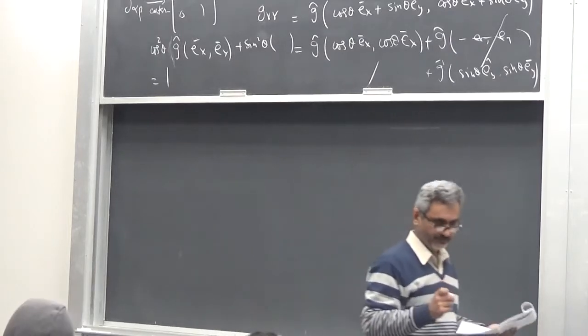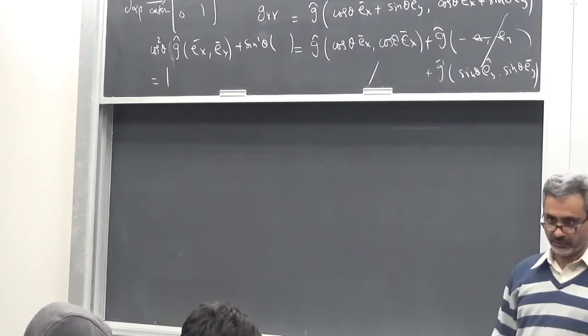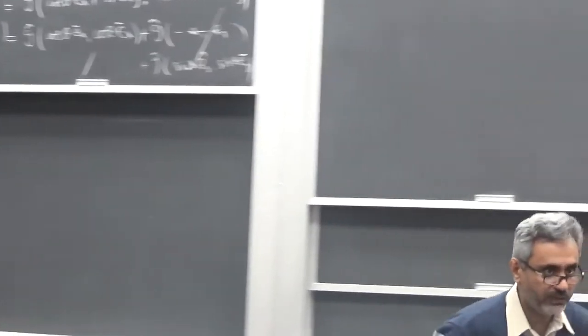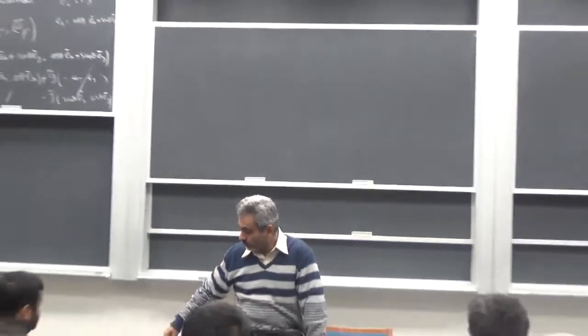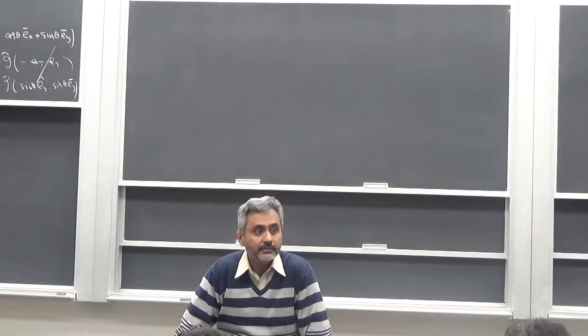A question along this: initially we were not using the dot product to define the metric, but just right now you use it. So where does the metric come from? That's the question that you're trying to answer. You will have to tell me first what the metric is in this space.